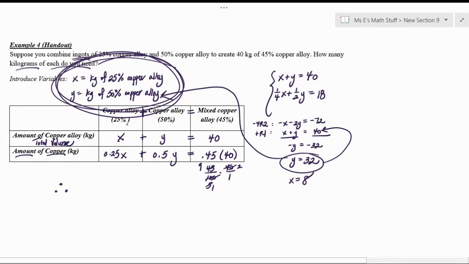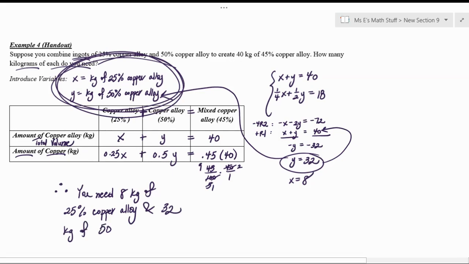X was the amount of kilograms of 25% copper alloy, so you need 8 kilograms of 25% copper alloy, and your Y value is 32, so 32 kilograms of 50% copper alloy.